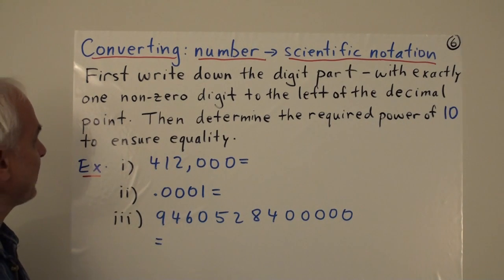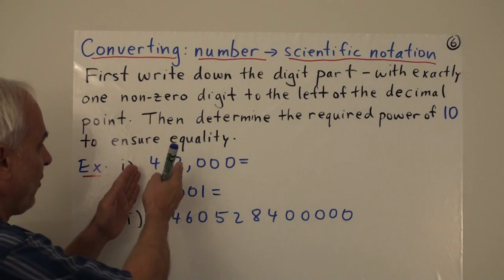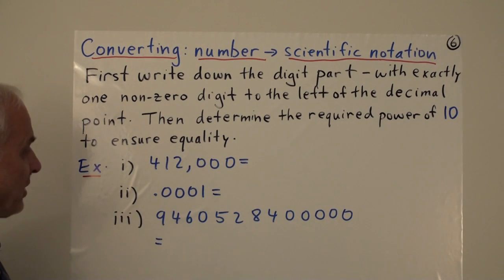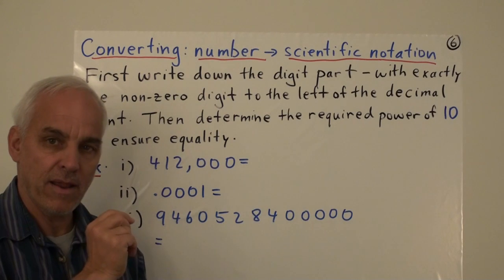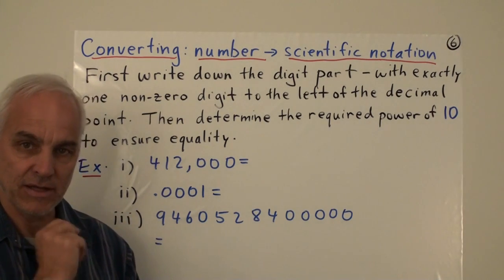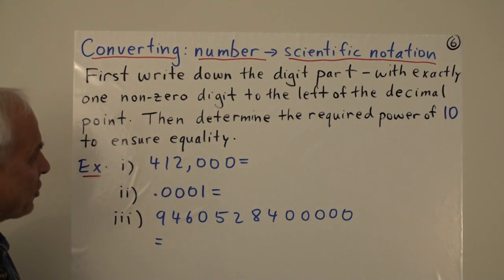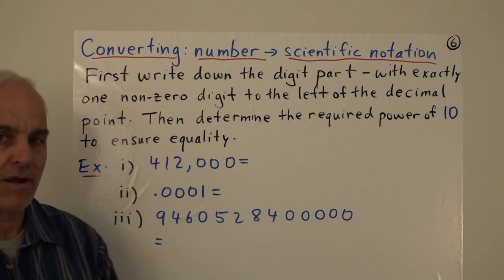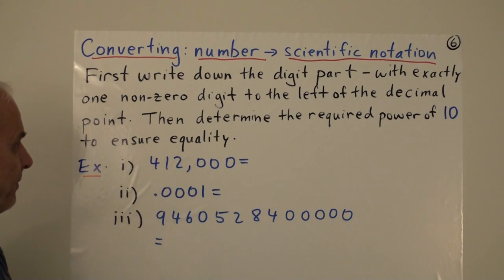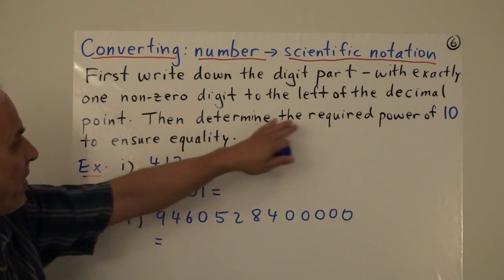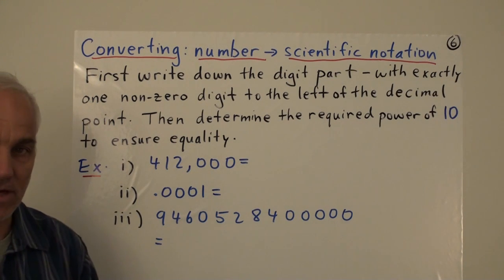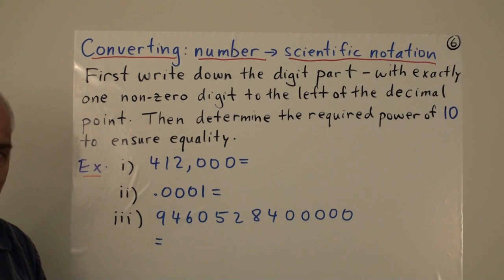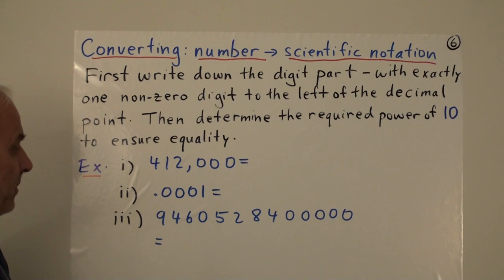Okay, and that's exactly the same as the number that you've got, except that you're going to write it in such a way that there's only 1 digit to the left of the decimal. And I should also say that in general we ignore zeros at the end. And then after that we determine the required power of 10 that we require in order to ensure equality, to make sure that we've actually got the right power of 10 so that the 2 things are equal.